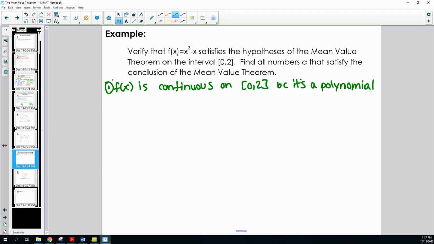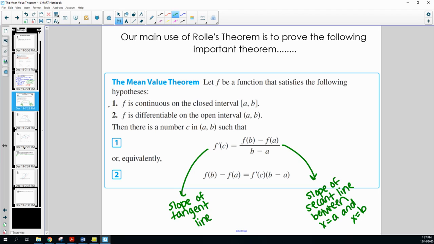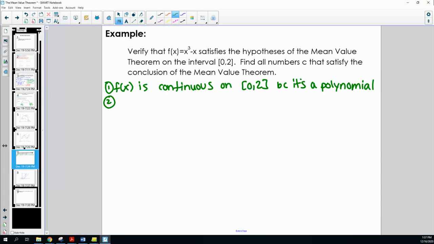Okay, second hypothesis is, we'll go back to here, f is differentiable on the open interval from a to b. So again, differentiable means that it's going to have a derivative. If I take the derivative, this is going to give me 3x squared minus 1, which again is a polynomial. So since I have a polynomial, I know that it will have a derivative everywhere between 0 and 2.